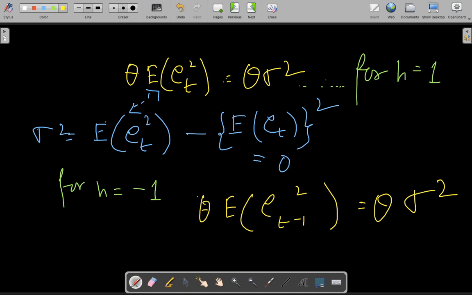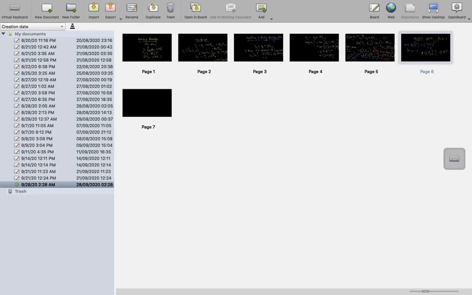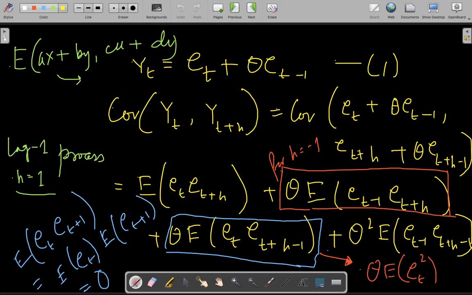Let us go back to the previous page. Here I want to write h is equal to 0 because I'm not introducing any lag anymore. I'm using the same value, et, with a weight.